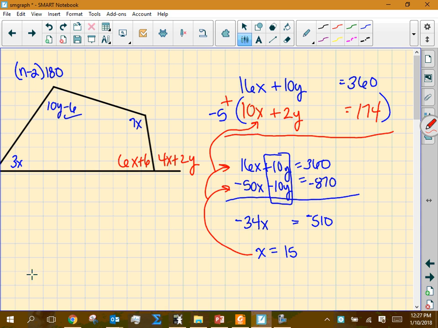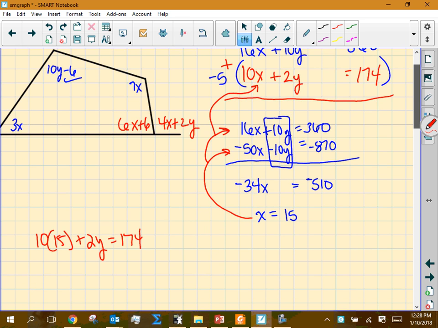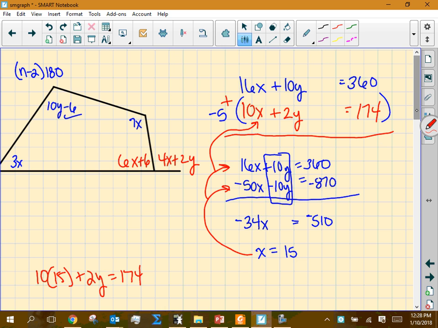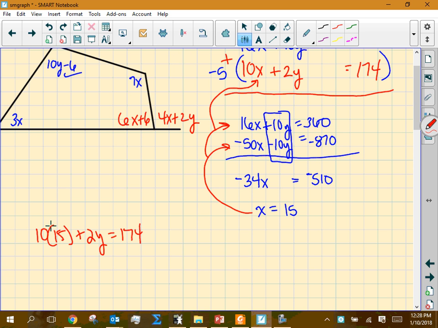So 10x, but x is 15 now, plus 2y equals 174, right? What is 10 times 15? 150, right? So I'm going to subtract that 150 from both sides. So it gives me 2y is equal to 24. And then y would be what? Y would be 12. Okay?